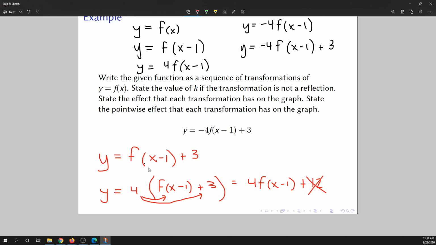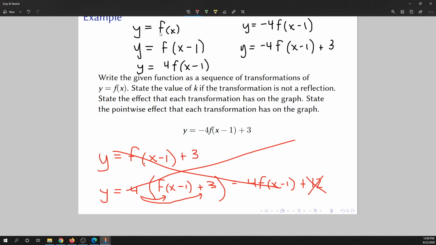If it has this combination of vertical stretch or shrink and a vertical shift like this one does, to me you're better off just doing that vertical shift at the last here. And it definitely depends on what other things are going on. So the main point here is that the order matters. I wouldn't do it this way, although you can. It's just kind of going the long way.